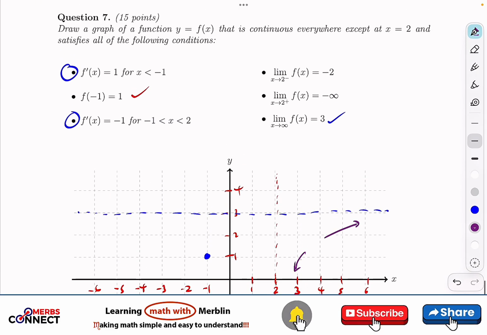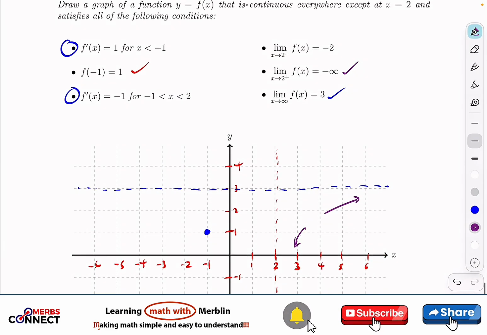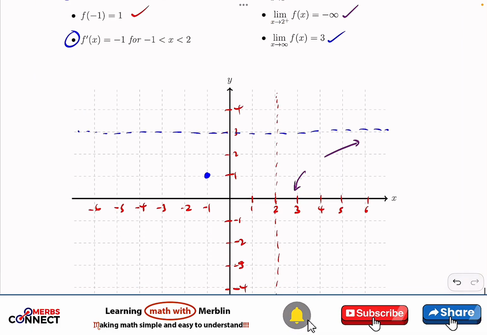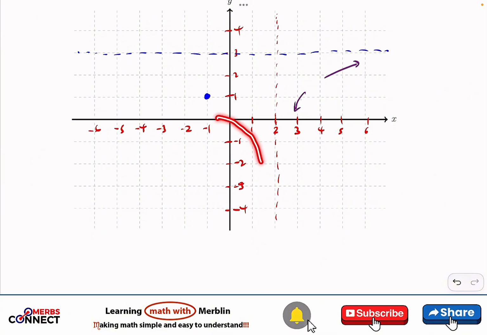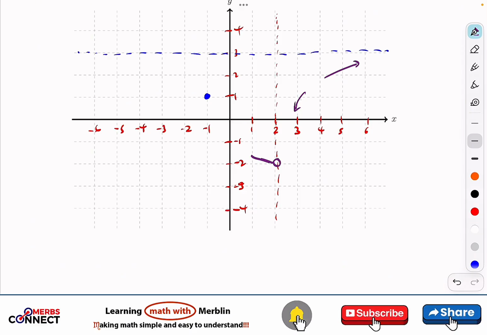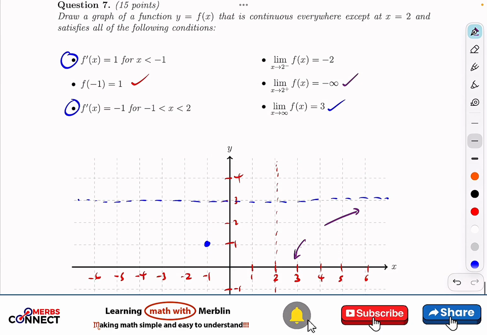Good. So we are also done with this one too. Now when we are approaching 2 from the left, we have -2. So when we are approaching this from the left, we need to get -2. So we can have it somewhere here open. And then we are approaching from this one. So let's have something like this. So we are done with this one.